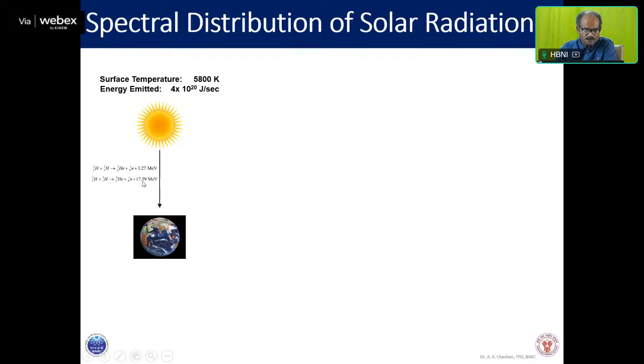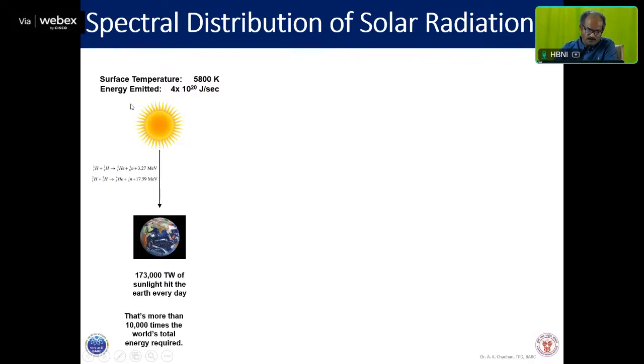This energy is continuously released inside the sun, and the temperature of the outer surface of the sun is nearly 5,800 Kelvin. So the sun will emit radiation, or you call it black body radiation, at this temperature.